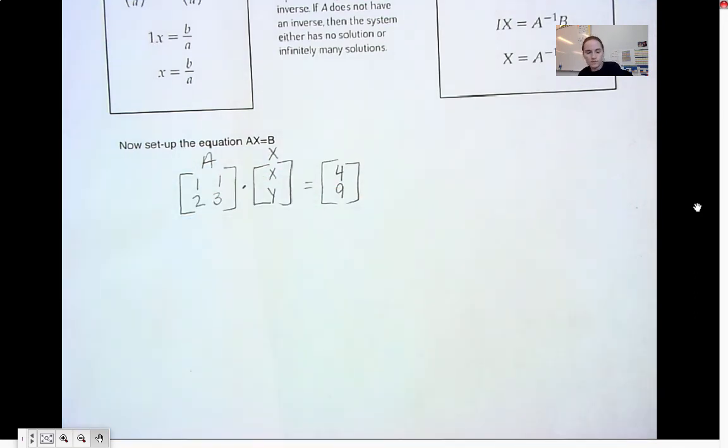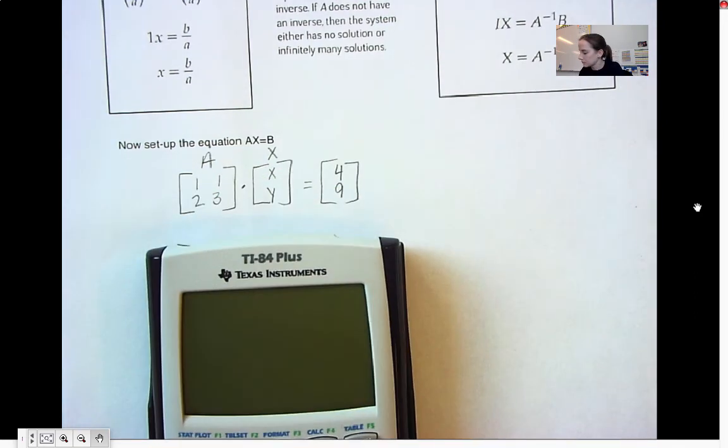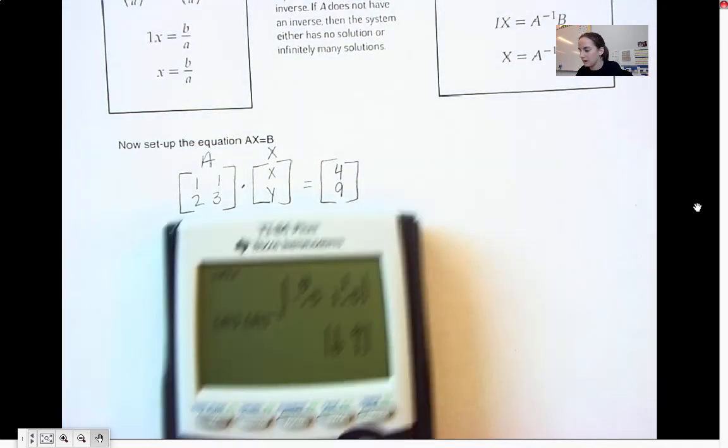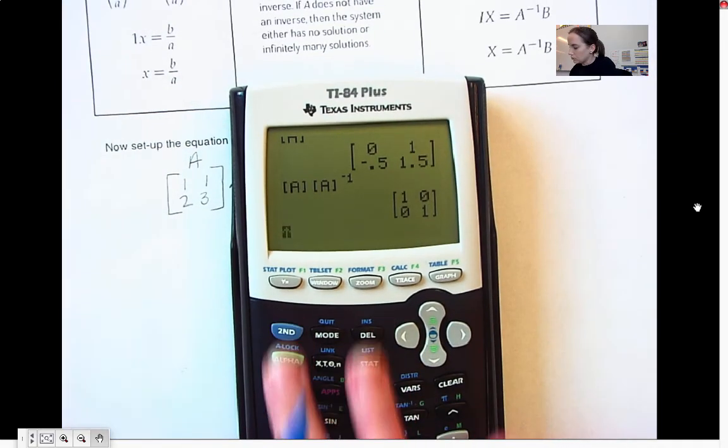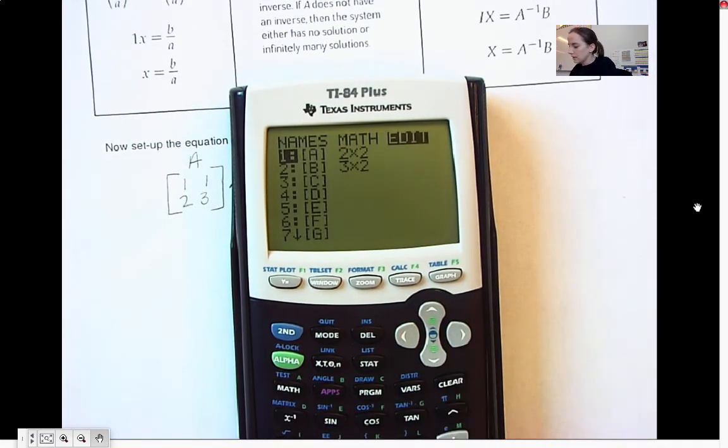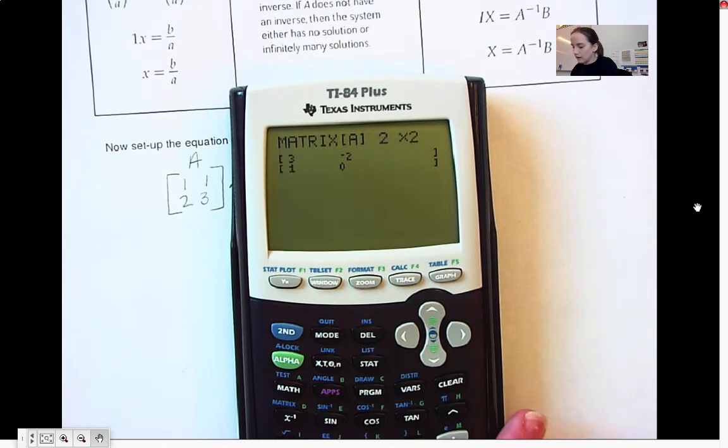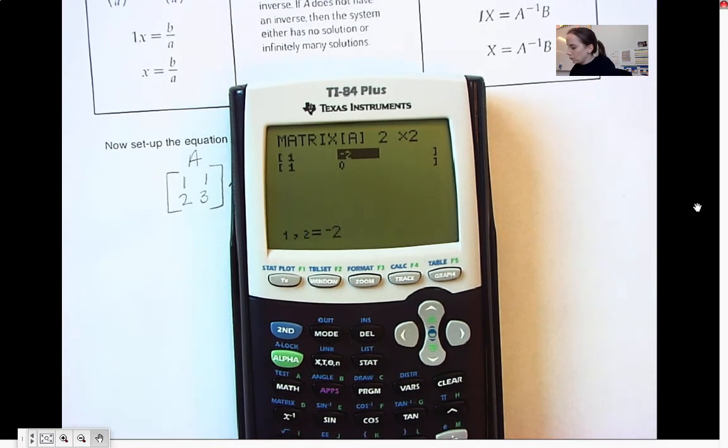You're going to do all of this in the calculator. You don't have to write anything more down. Let's go back into our matrix edit. We're going to edit matrix A, and it is a 2 by 2, and it's 1, 1, 2, 3.